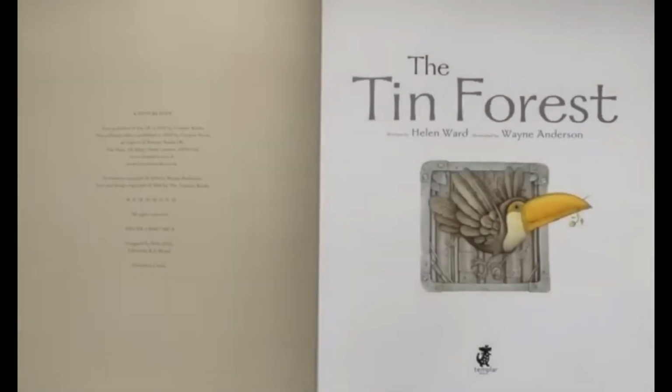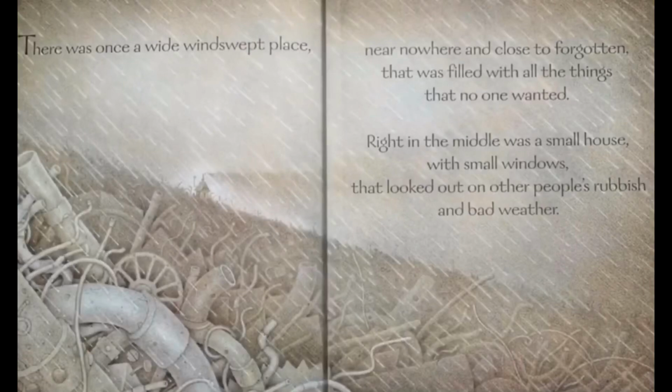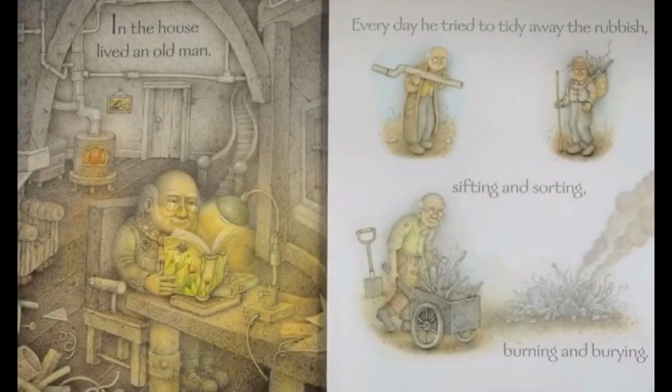The Tin Forest. There was once a wide windswept place, near nowhere and close to forgotten, that was filled with all the things that no one wanted. Right in the middle was a small house with small windows that looked out on other people's rubbish and bad weather. In the house lived an old man.